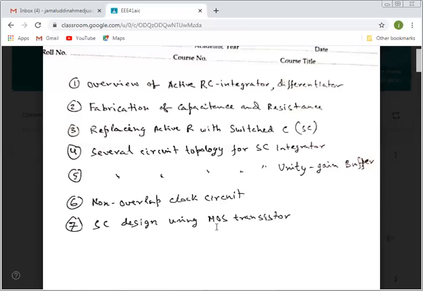And then finally, we'll see the switching MOSFET used for switching purpose. What is the advantage, disadvantage of using MOS as a switching circuit.